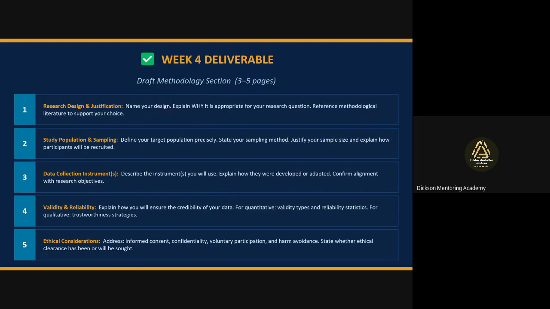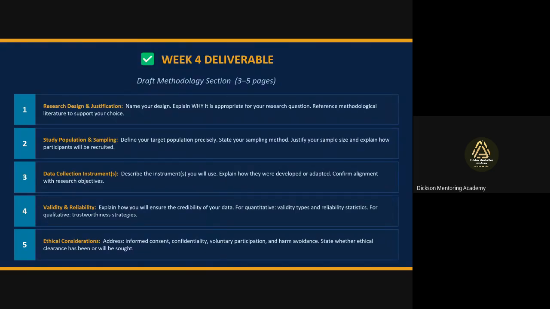Three, data collection instruments. Describe the instruments you will use, explain how they were developed or adapted, confirm alignment with research objectives. Four, validity and reliability. Explain how you will ensure the credibility of your data: for quantitative, validity types and reliability statistics; for qualitative, trustworthiness strategies.